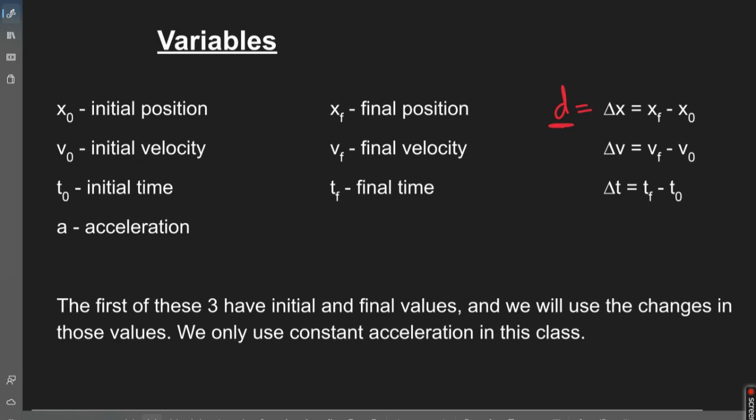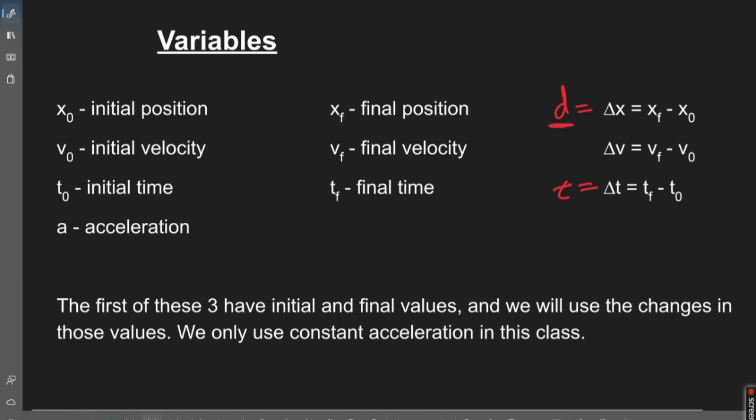All right, initial velocity and final velocity. This is how fast something is going at the beginning and how fast something is going at the end. All right, time, initial time and final time. Well, truly what we're going to do is just take T as time. It's just the change in time. It's whatever has elapsed from beginning to end. As a little side note on this, you'll see this sub-zero.